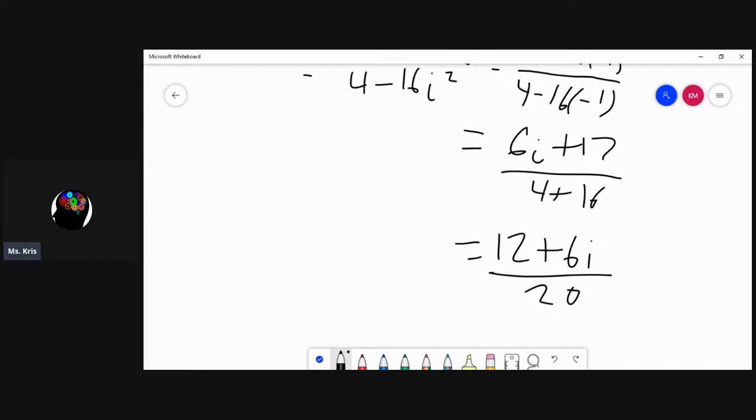Or you can split them apart, such as 12 over 20 plus 6i over 20.